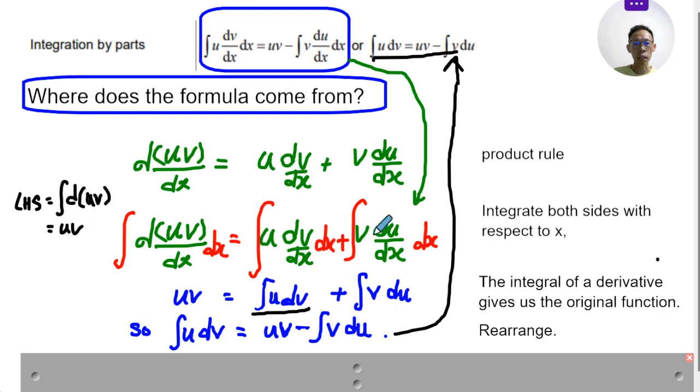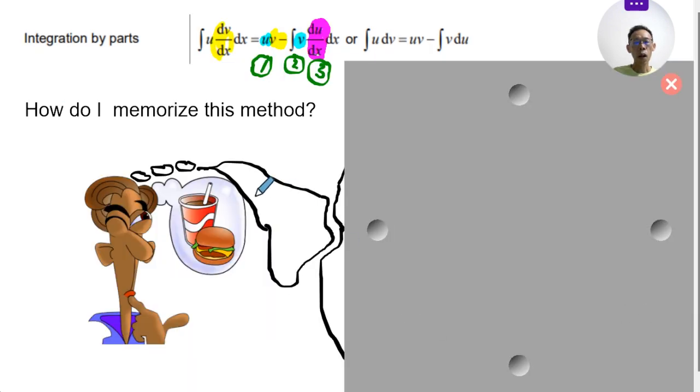So sometimes it's easier to think in terms of the colorful one, that is the one in the box, and sometimes it's easier to think in terms of the blue one. Let's see how we can use this to solve a problem. Before we do that, let us also see how we can memorize this. There are two parts. The one in the box, for example, is u and dv dx.